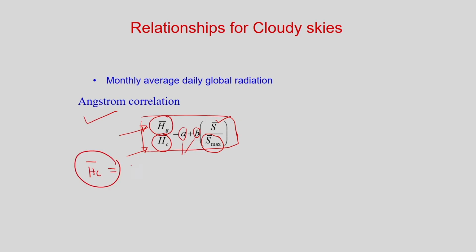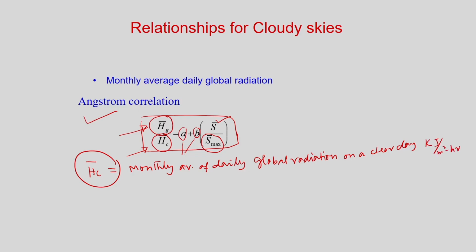So, this is monthly average. I will write Hc first: monthly average of daily global radiation on a clear day, okay, and these are kilojoule per meter square per day.